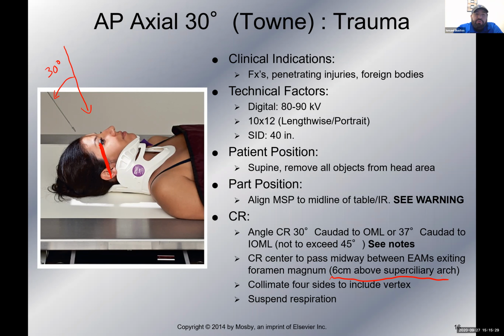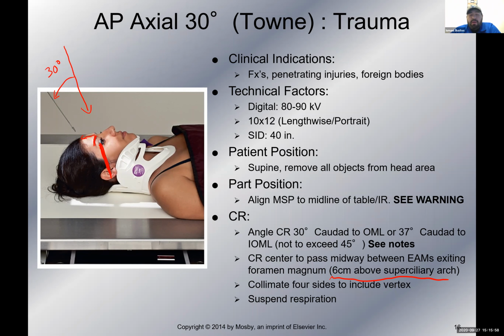You look for that superciliary arch, which is kind of where the eyebrow is, and go 6 centimeters above that, which is basically the same area as the 2.5 inches above the glabella. You have to know the difference. For a normal Towne projection, 2.5 inches above the glabella. For the trauma Towne projection, 6 centimeters above the superciliary arch.